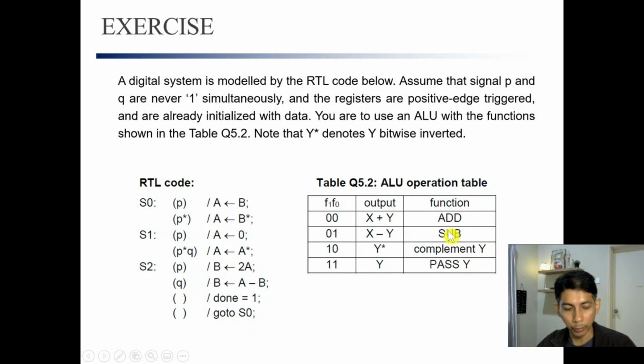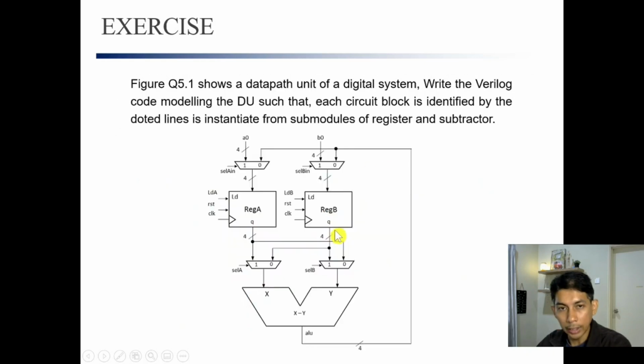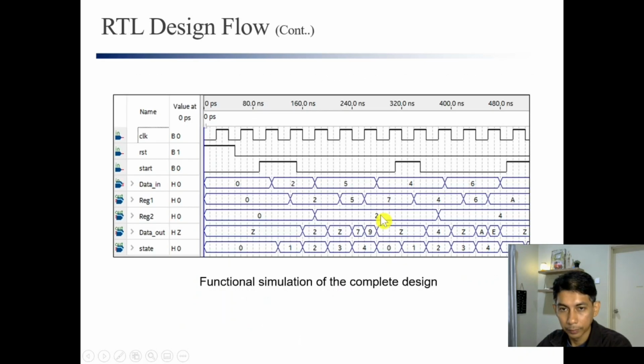And next week we will look at chapter 6, where we will use what we have learned in this chapter to build a digital circuit, or even more complicated circuits, where we will start the design from the algorithm.